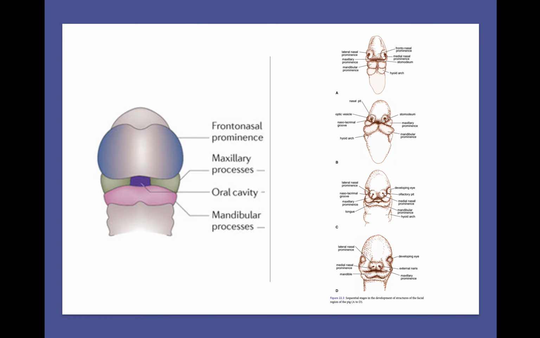The mesenchymal cells found just below the ectoderm start to proliferate, and their proliferation will result in the formation of this structure here, which is almost like a horseshoe, and this horseshoe has a lateral edge, which is the lateral nasal prominence, and a medial prominence, which is called the medial nasal prominence.